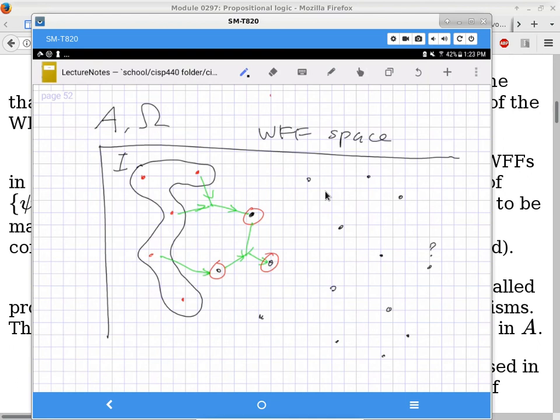Can we eventually use these arrows to label this little well-formed formula in question to be red? If it can be labeled red, then you have the proof that this well-formed formula is now proven to be true.